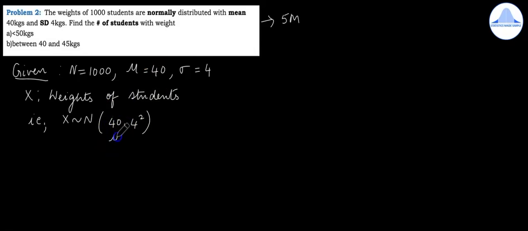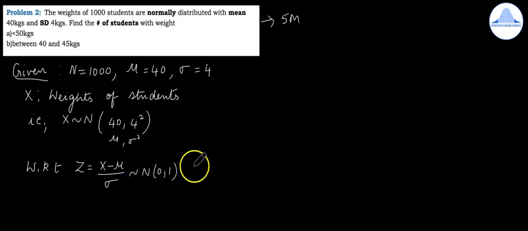So this is actually mu and this is actually sigma square. If you don't know how to write it, it's fine. It's not so important. Then the next important step is we know that Z is equal to X minus mu divided by sigma follows normal 0, 1. So this step is important.